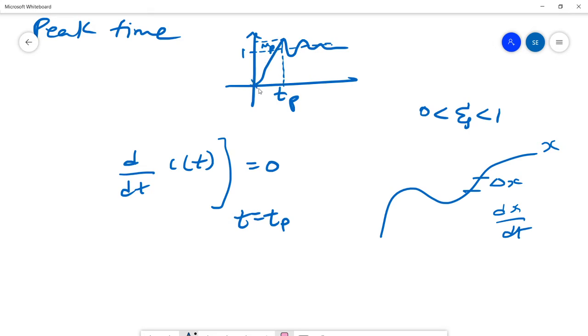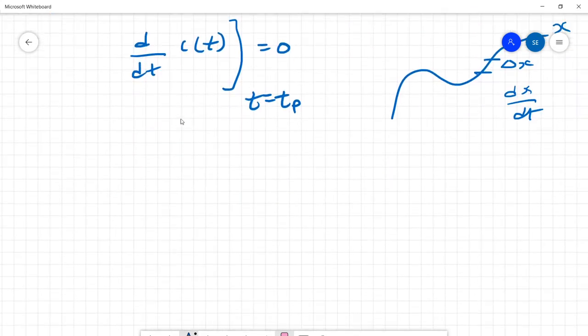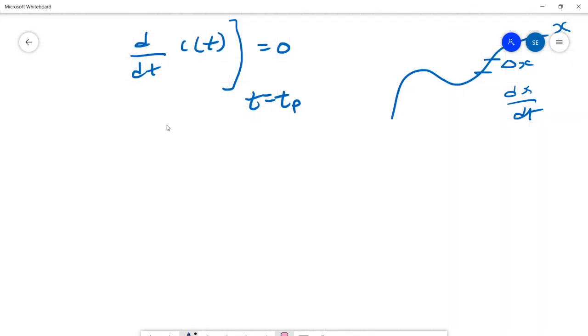So we'll be taking the differentiation of C of t. This plot is the whole C of t, but what we need to get is the time from 0 to Tp, this alone. So we'll be differentiating this part at t equal to Tp. If you equate this to 0, whatever expression you get is nothing but the peak time.